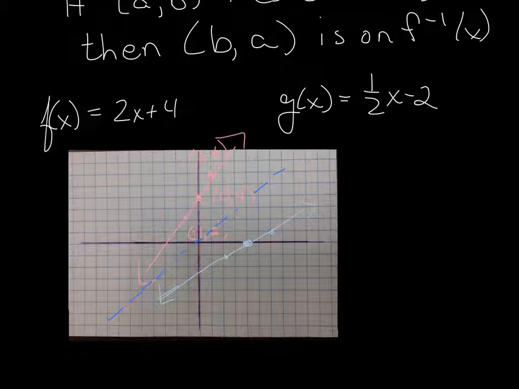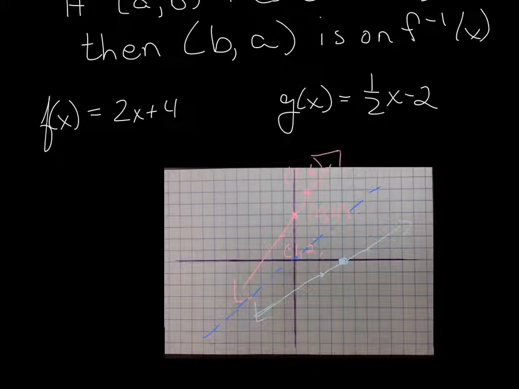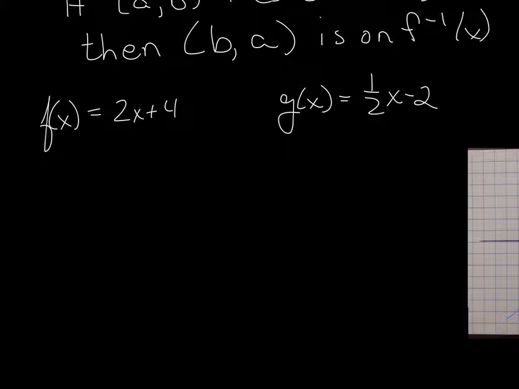Inverses always reflect across the line y equals x. So sometimes that's helpful if we are trying to graph the inverse and its function. So if we wanted to, let me move this out of the way, pull in another graph.